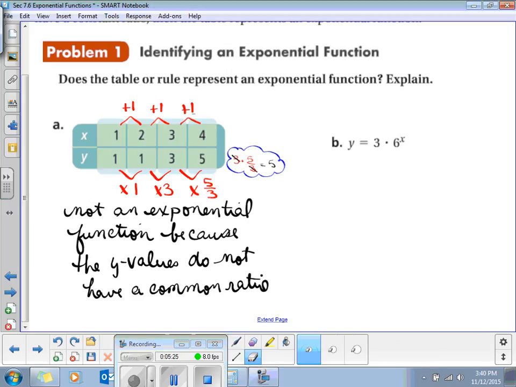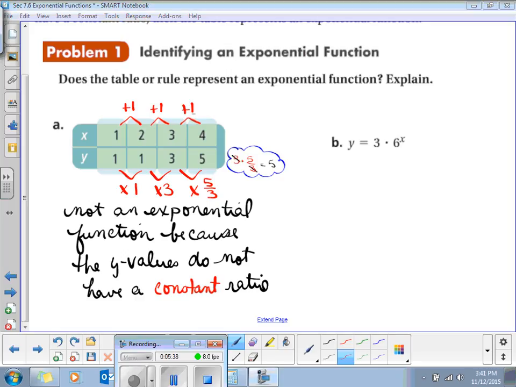Sorry, constant ratio. Let me put that in red. My bad. If my y values had a times 2, times 2, times 2, then it would be a constant ratio, and then it would be an exponential function. Has everybody got that? All right.